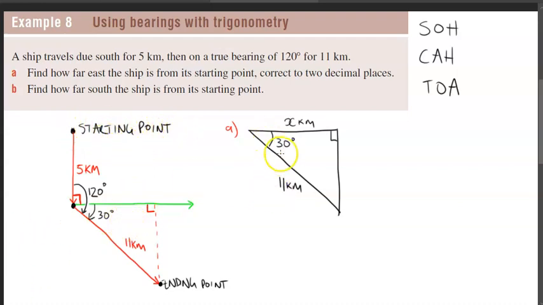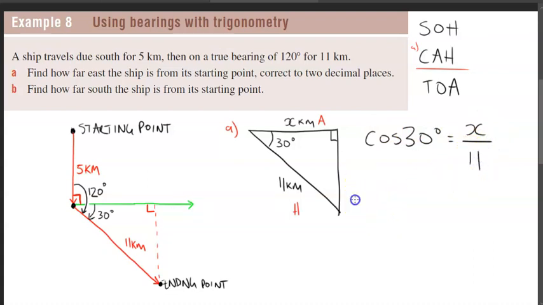So what we're using is the hypotenuse and the adjacent. So A and H, the first one, for A anyways, we are using cos. So the cos of 30 degrees is equal to A, in this case x, over 11.